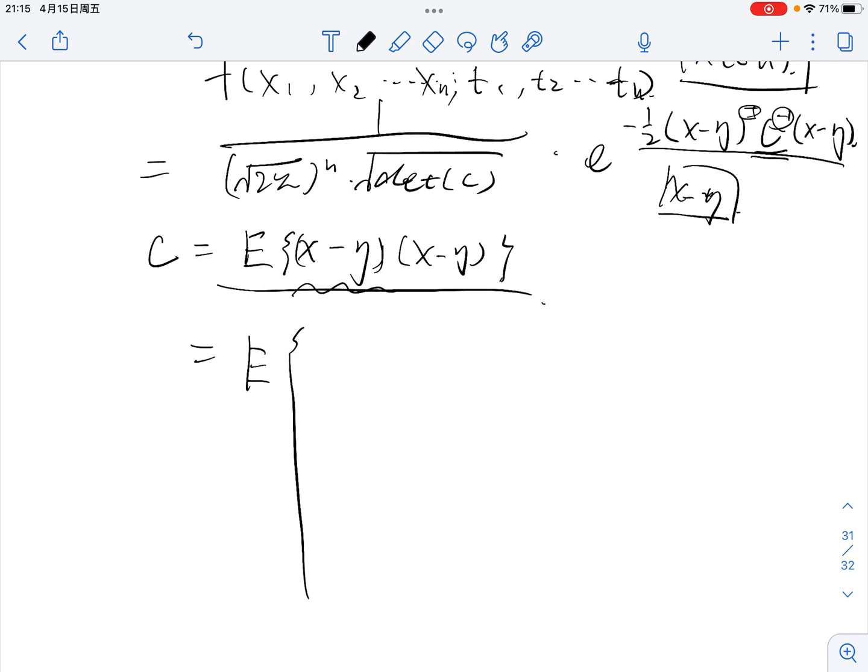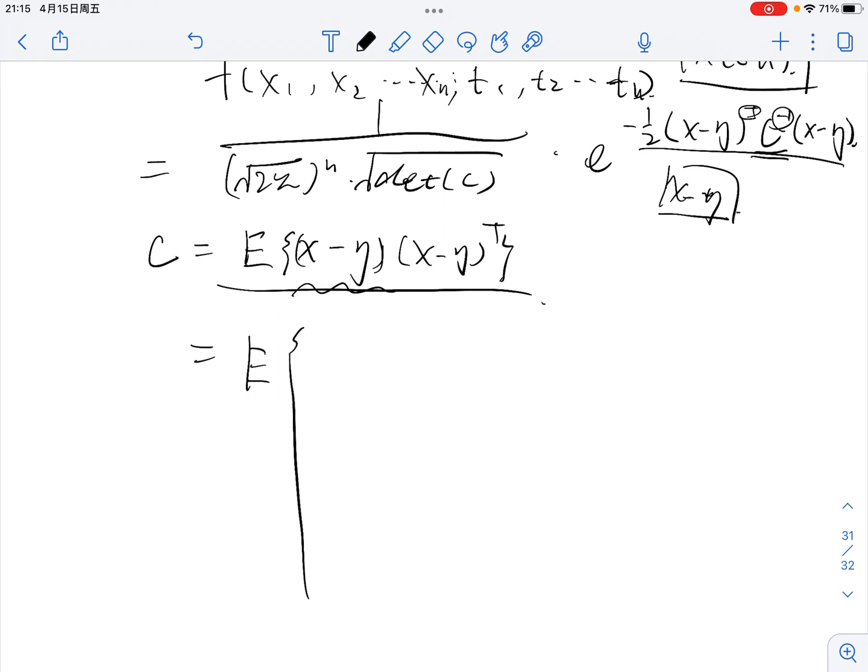Here, in vector form, we have to take the transpose. It's like taking the outer product of two vectors.